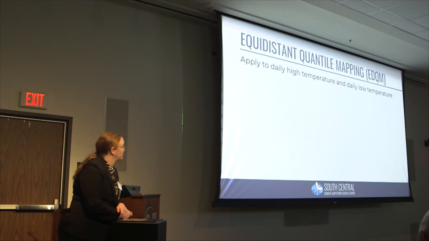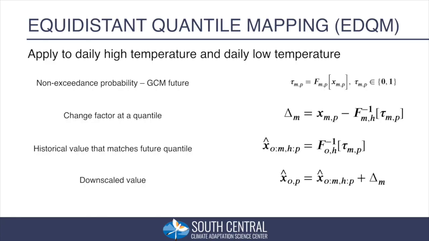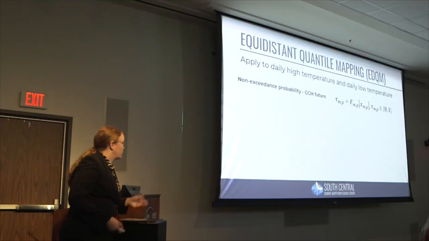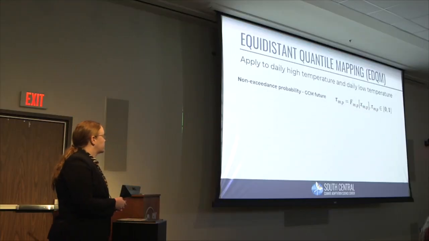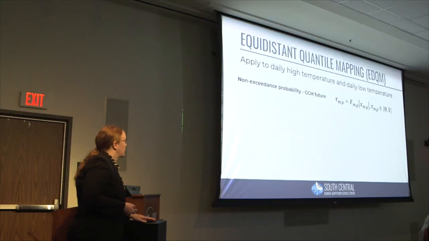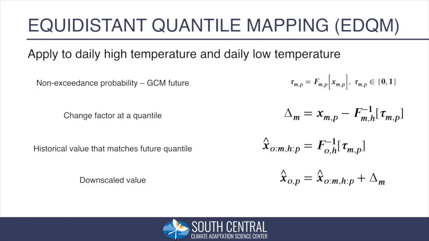So, now for the first dose, well, not the first dose, but the second dose of equations today. How the equidistant quantile mapping works is the first thing up for every model point x here. We're looking at the cumulative distribution function to determine the non-exceedance probability tau for that particular variable, right? And that goes from 0 to 1.